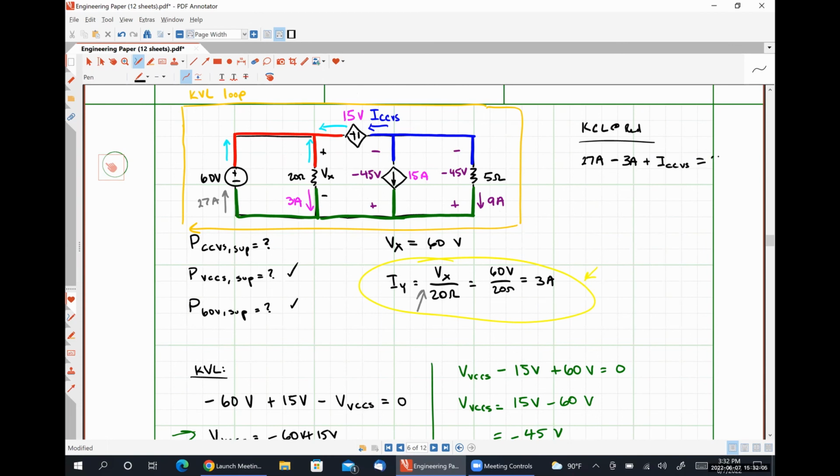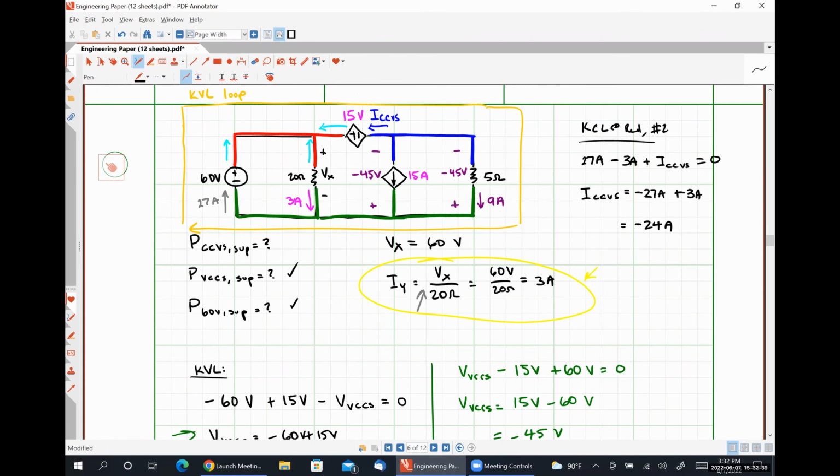So we'll set these equal to 0. And then solving for ICCVS, we get -27 amps plus 3 amps. Looks like -24 amps to me. So that is red number 2.